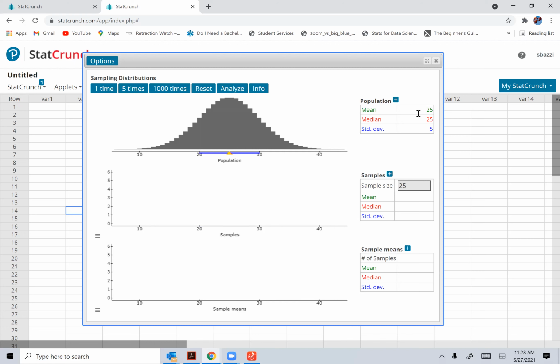Let's leave it 25. So the mean is 25, standard deviation is 5, and we're selecting samples of size 25. So let me show you just one sample, show you the applet in action. So what the applet did, it took one sample, 25 items, and gave you the mean of the sample. Well, let's do it in thousands now.